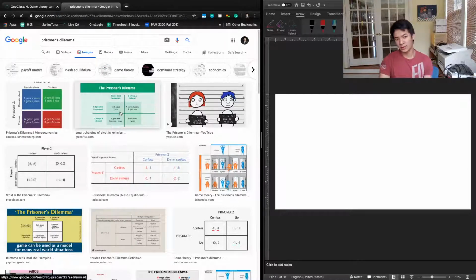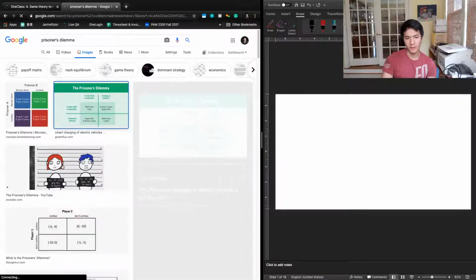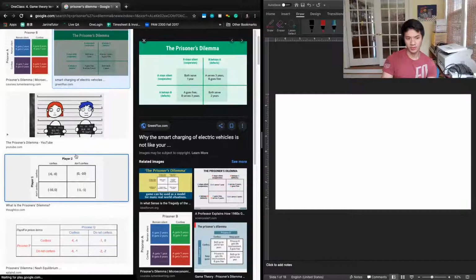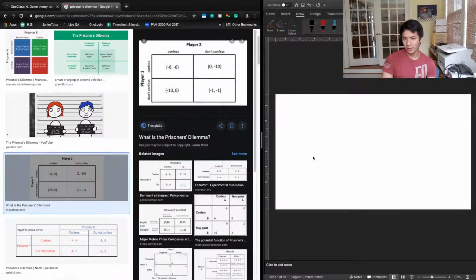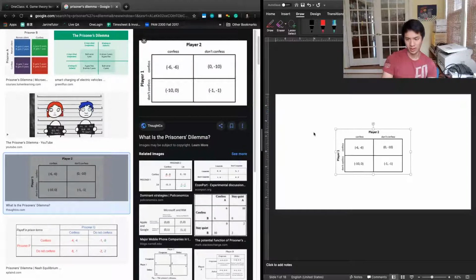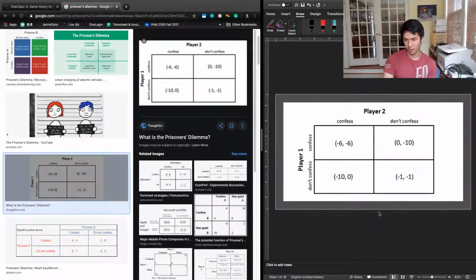They're given a choice to either turn on their partner, and this is probably a little bit easier to understand. So they can either turn on their partner, or they can not confess to the crime and kind of stay silent. And so by confessing to a crime, they would be turning on their partner.